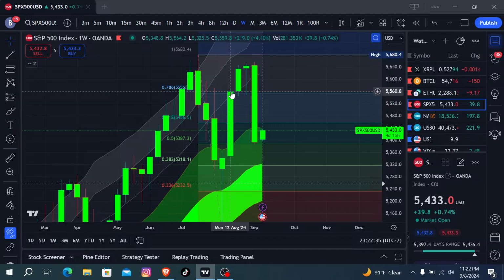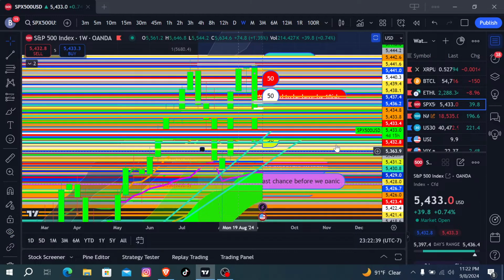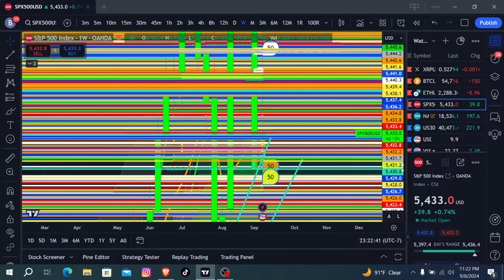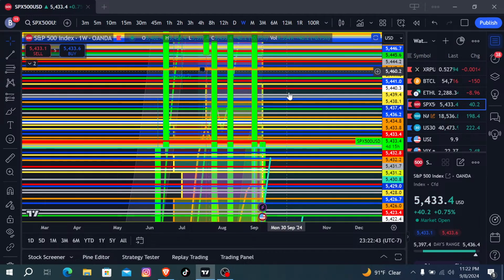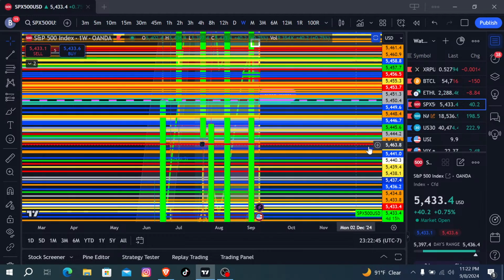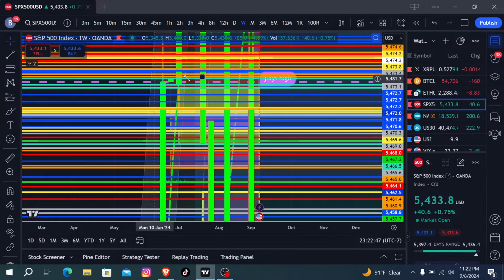I said the next sweet spot is gonna be right here, which was that area that I kept mentioning how it was very, very important. So that was your next area to take your sweet spot.